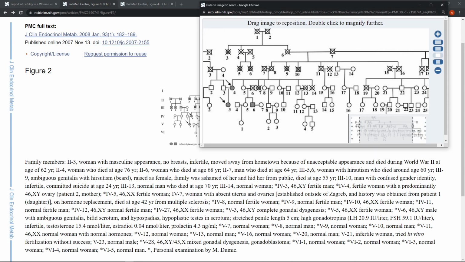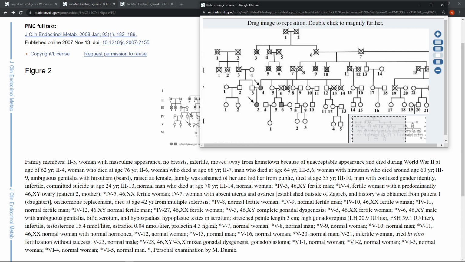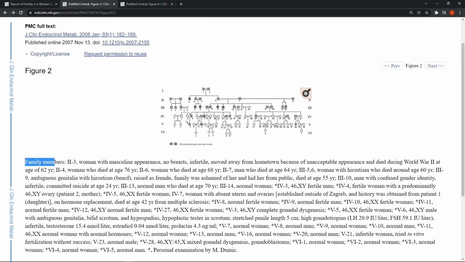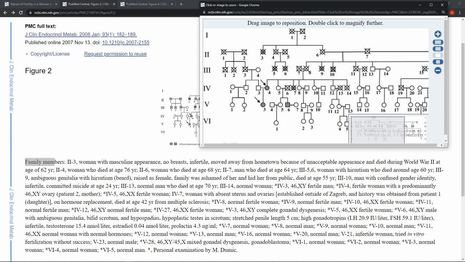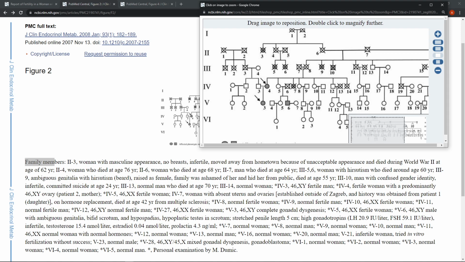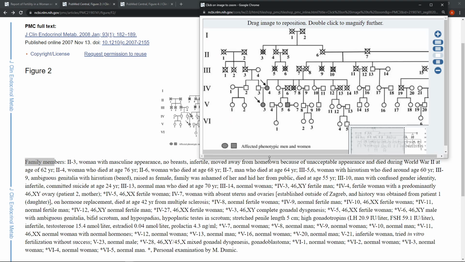This is the family tree. These arrows are pointing to the patients, but we'll go through. I'll point them out as we read them. Family members 2, 3. So that is generation 2, number 3. And as we can see from the bottom here, these grayed out squares and circles are the affected phenotypic men and women.